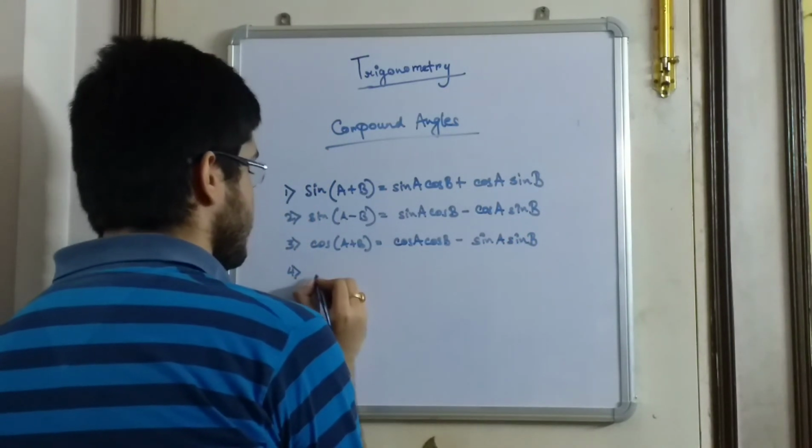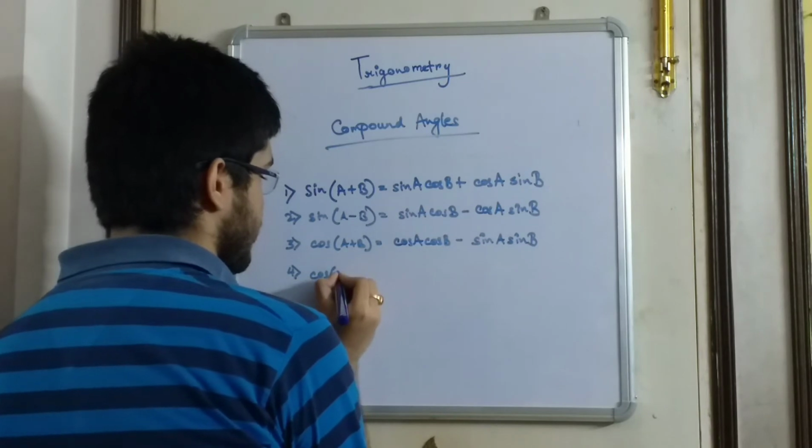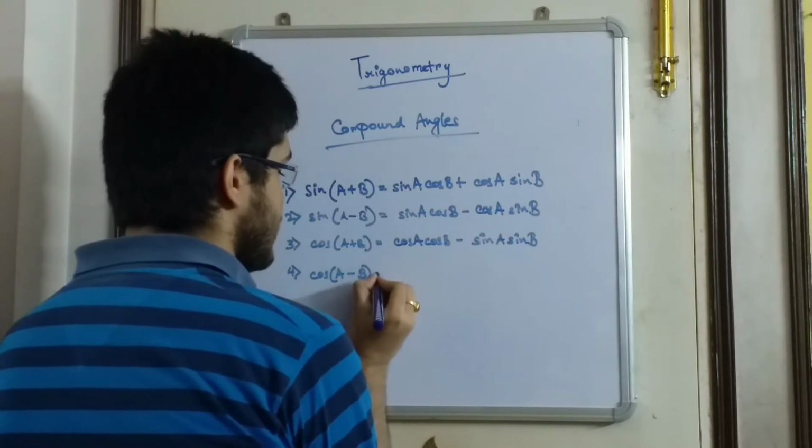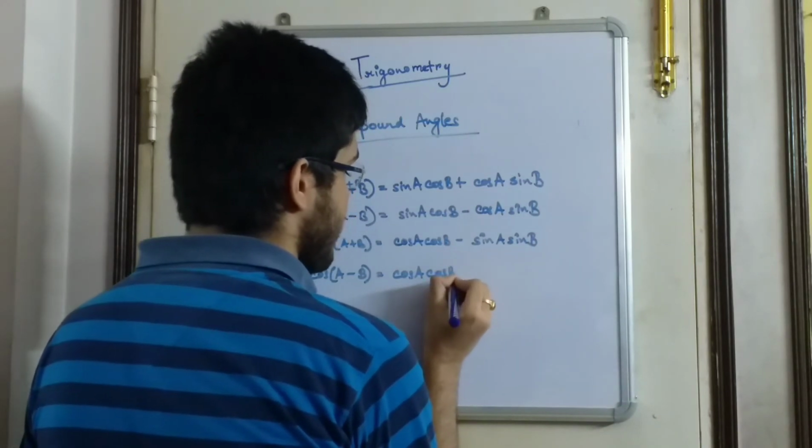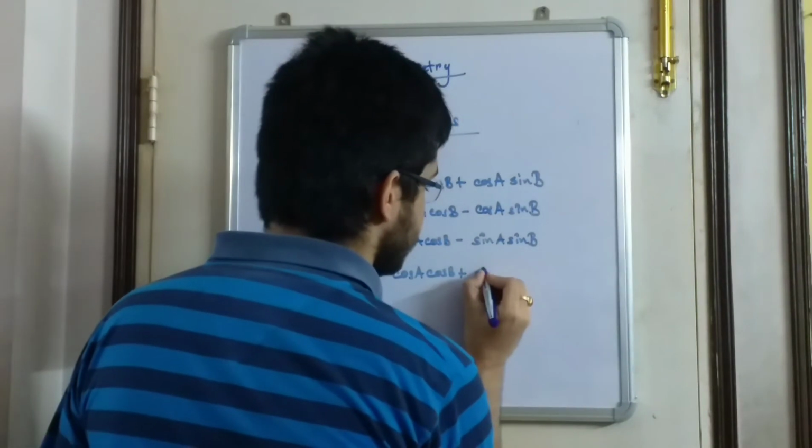And cos of a minus b is equal to cos a cos b plus sin a sin b.